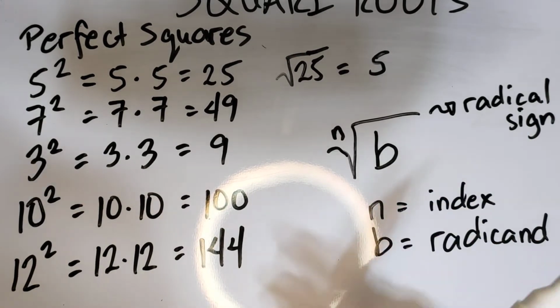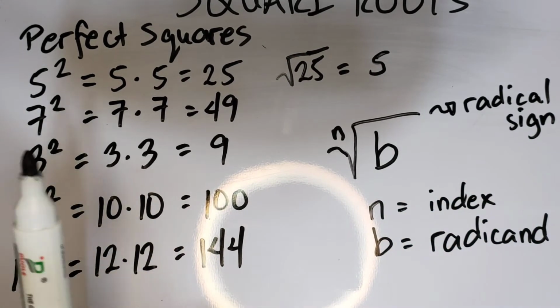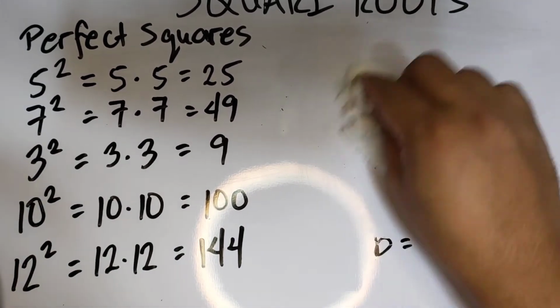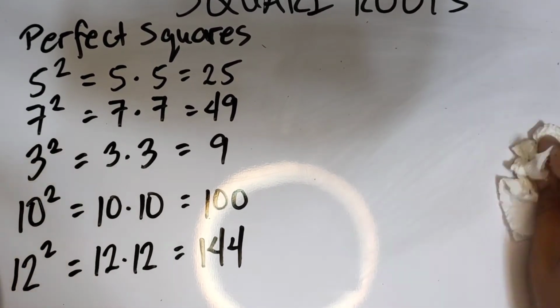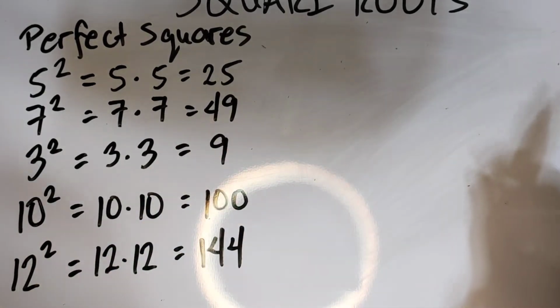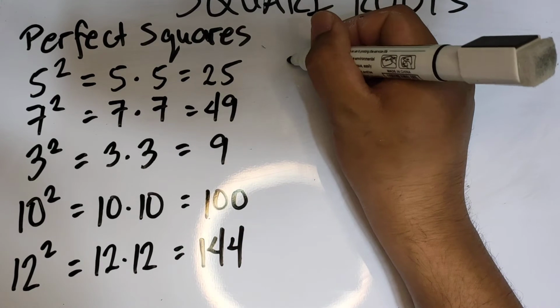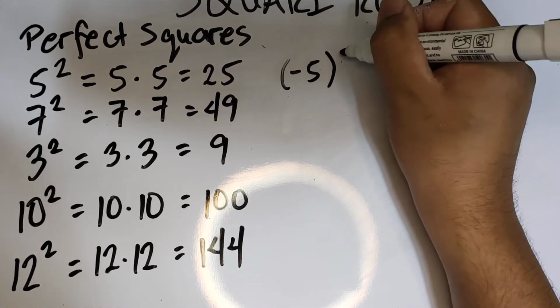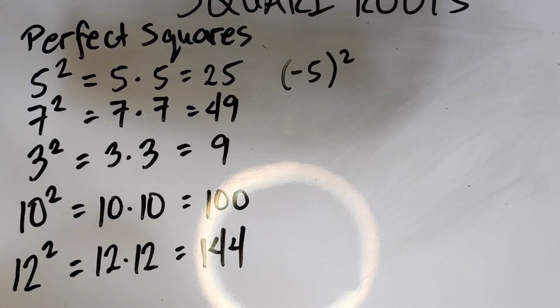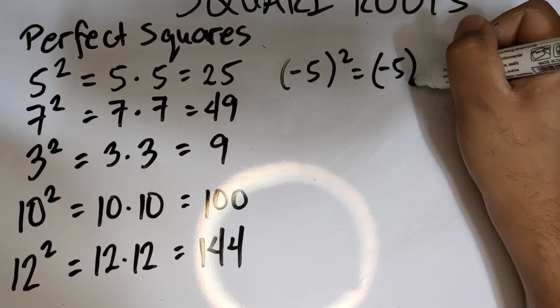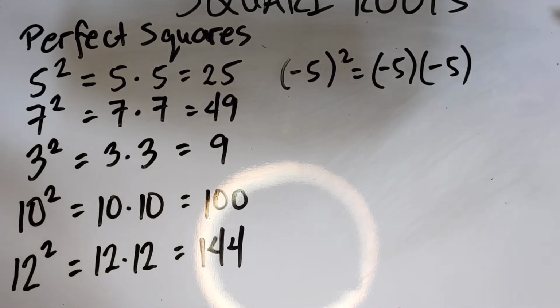Okay? So, paano naman kapag negative yung ating integer? Pag in-square mo yung negative, ano yung magiging product niya? For example, negative 5 square. What is negative 5 square? Negative 5 square is equal to negative 5 times negative 5.